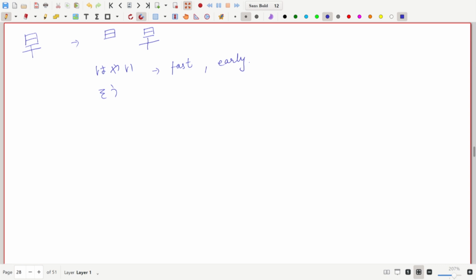So let's make a sentence using the kanji of hayai. If I want to say I wake up early, it will be watashi wa hayaku okimasu.